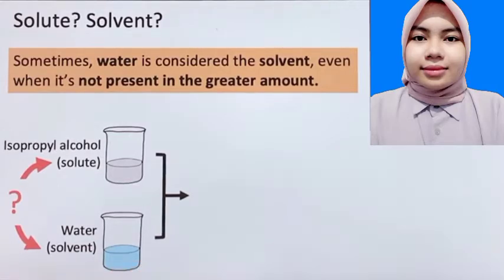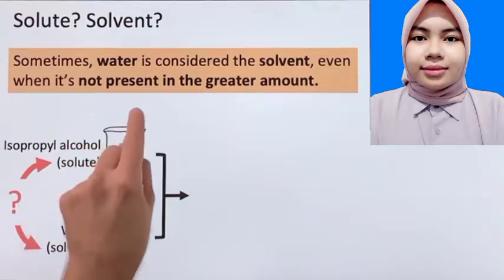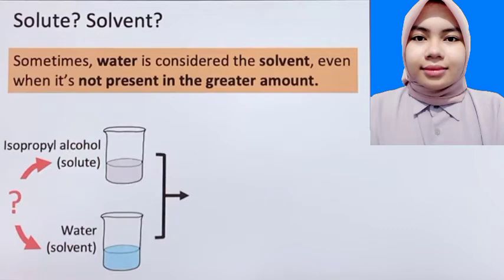Well, just so you know, we sometimes say the water is the solvent even when we don't have more of it, even when it's not present in the greater amount. You don't have to worry about this too much. Just keep an eye out for it.